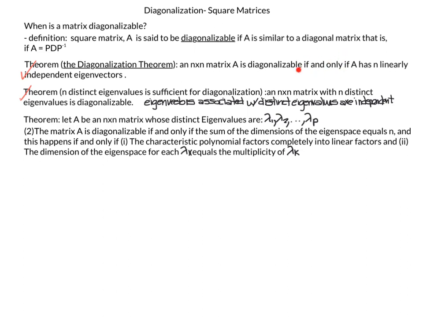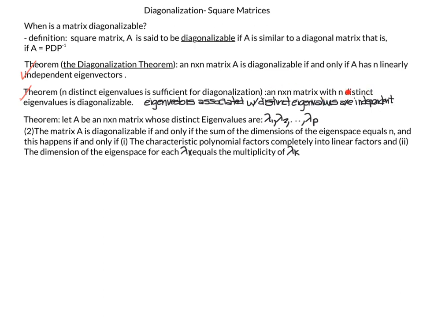First, one is an if and only if, whereas this is an implication, so the converse is not necessarily true. But the second difference is that in the first theorem you have to ensure your eigenvectors are linearly independent. In this theorem, you don't have to, because of the other theorem from the video where we introduced eigenvectors and eigenvalues: eigenvectors associated with distinct eigenvalues are linearly independent.